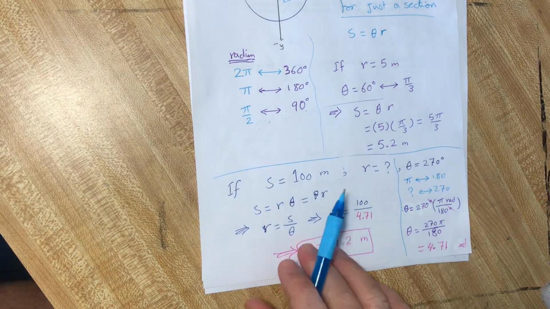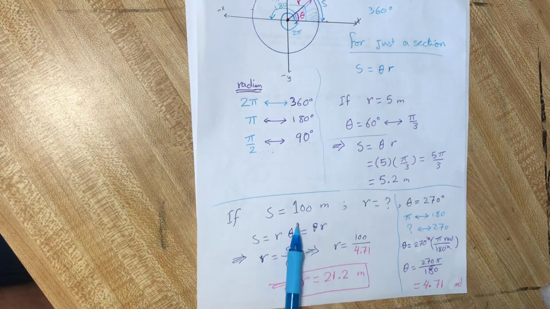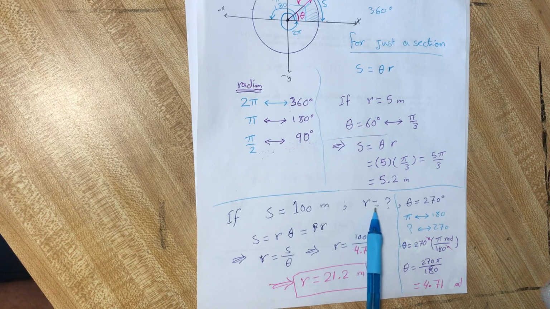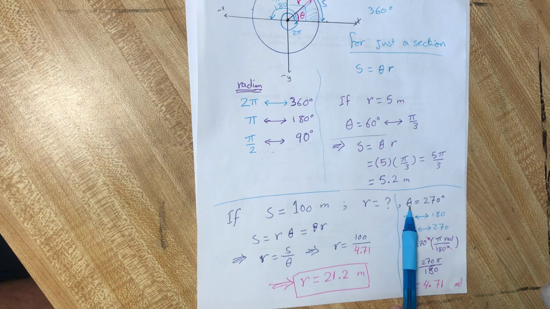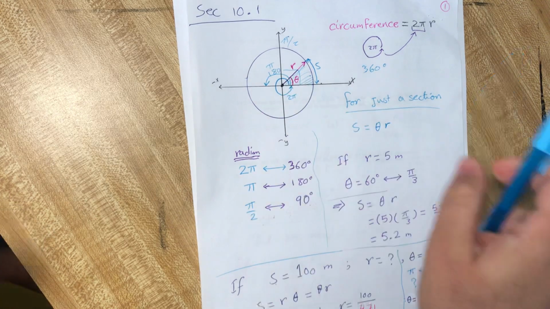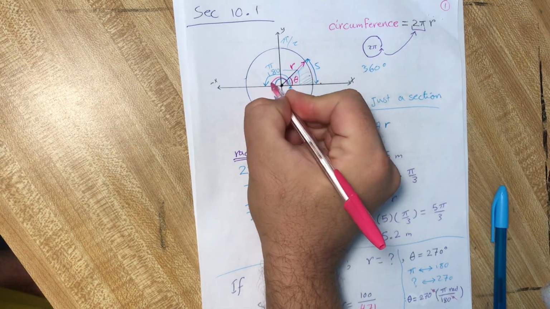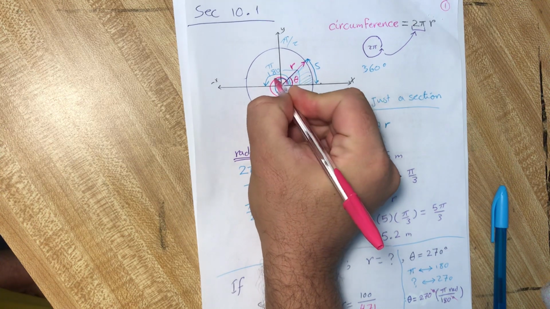Another example now, if we have S, this section, is 100 meters. We don't know the radius of our circle now, and the angle is 270 degrees. 270 degrees means this angle, 3/4 of the circle.